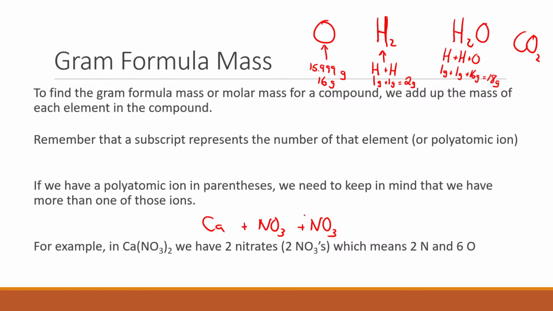We would need to take this apart further if we want to fully count it out, right? It's not just calcium and 2 nitrates, it's calcium, 2 nitrogens, and 6 oxygens. Pulling the whole thing apart to make sure that we have all the right pieces.